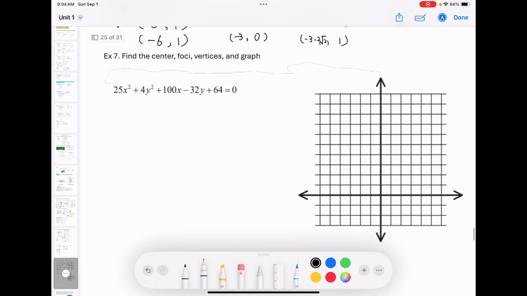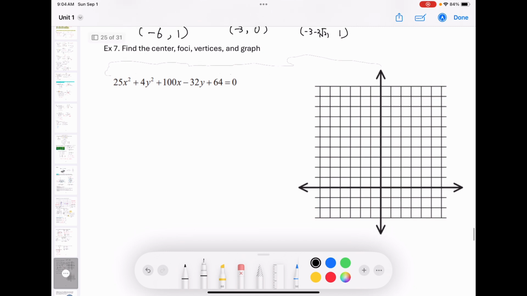Find the center, foci, vertices, and the graph. So this one, we do the same thing. We should make two perfect squares. So let's group the x terms together. Let me save some space, because we didn't save space in the previous example.